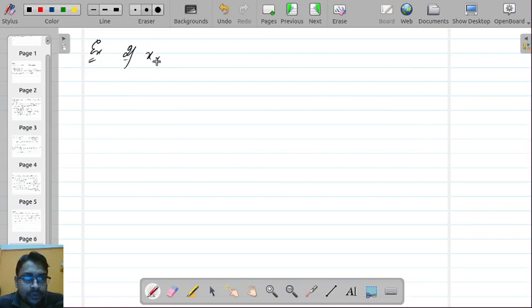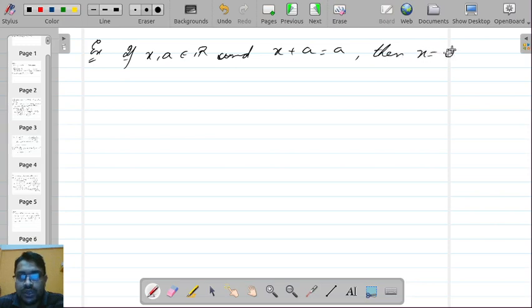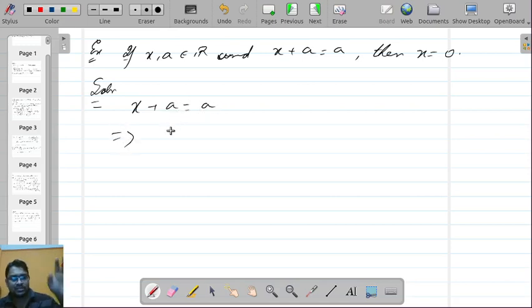If x comma A is in R and x plus A is equal to A, then x has to be the 0 element. Okay, x has to be 0 only. So this solution we can start with x plus A equal to A. Of course, without using the uniqueness of additive inverse also, we can do it, because A belongs to R, so there exists an element B which satisfies this.